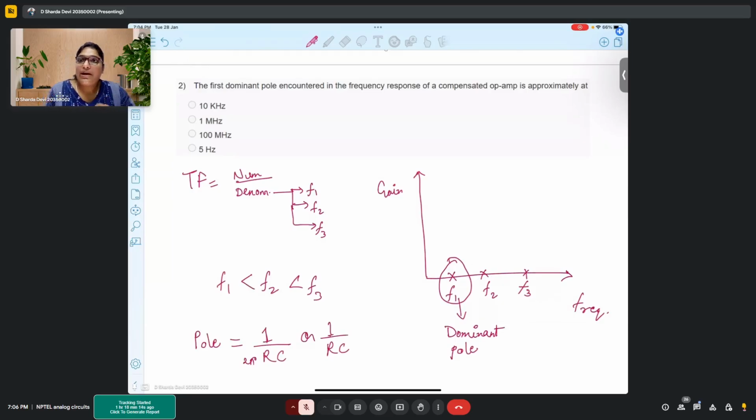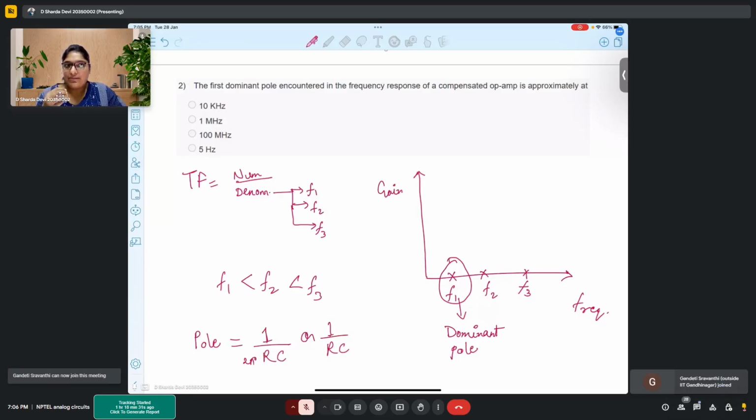So when you are given a circuit, you want to find the different poles. I'll let you know how to identify the number of poles in your system, how to calculate those poles and everything.